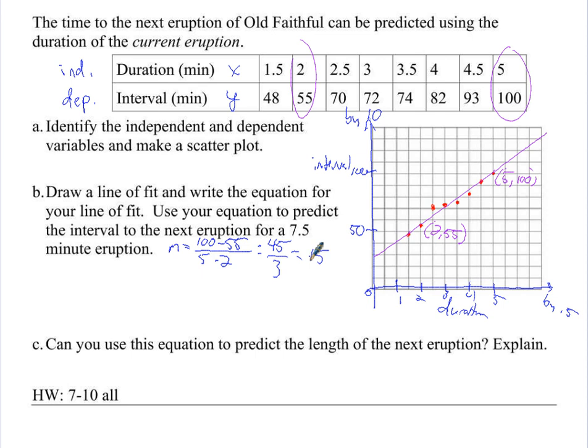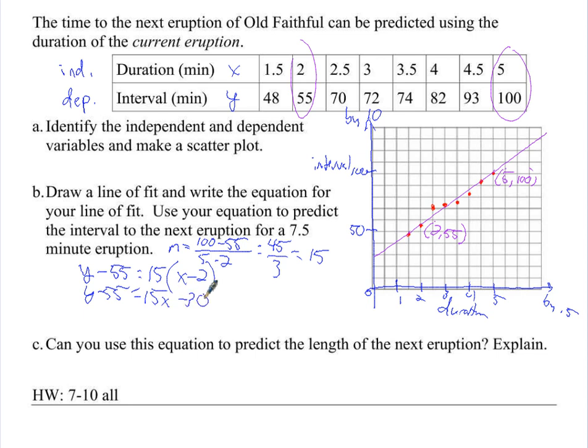Now we can write our equation. So what will I have? Okay, we're using this ordered pair here. That's fine. y minus 55 equals 15 times x minus 2. Okay. Now we put that in slope-intercept form. So we distribute: y minus 55 equals what? 15x minus 30.